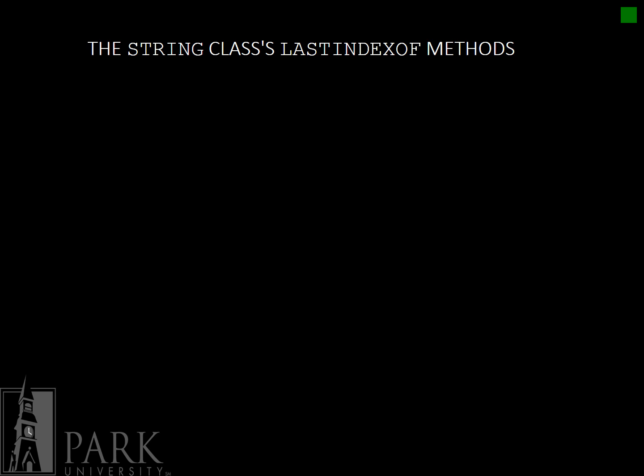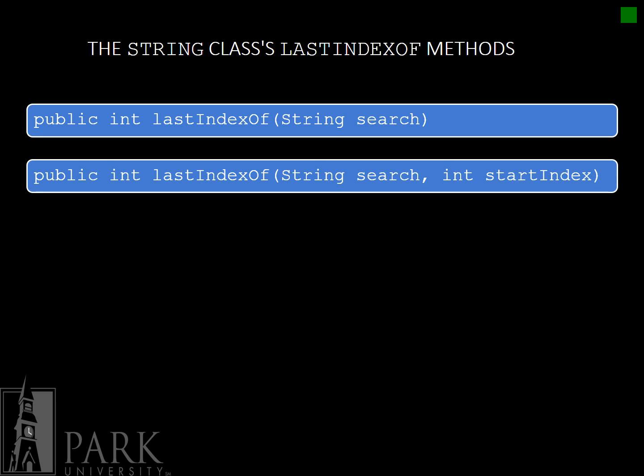And finally, we have the lastIndexOf method. The lastIndexOf methods are identical to the indexOf methods, except that they search the calling object string from right to left. That is, they start searching at the back of the string and work their way to the front. Now, for the one parameter lastIndexOf method, the search starts from the rightmost character.